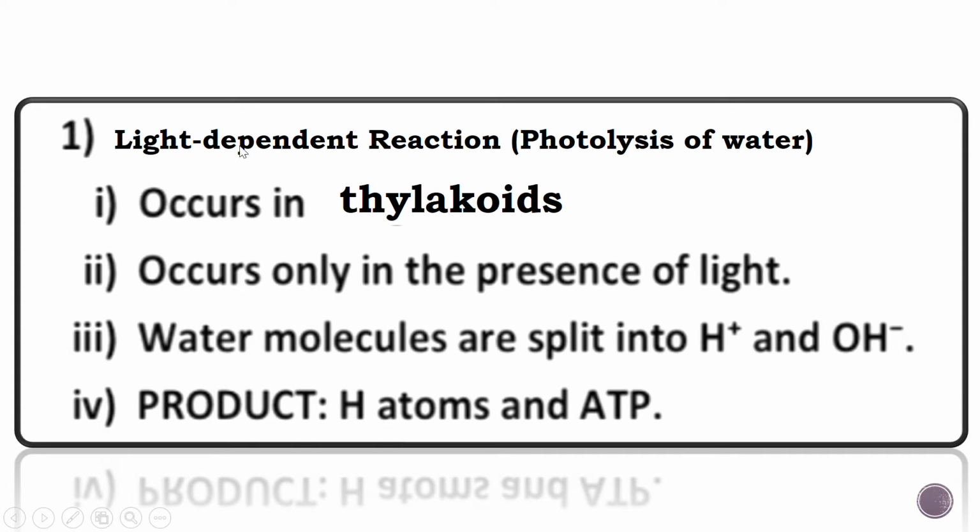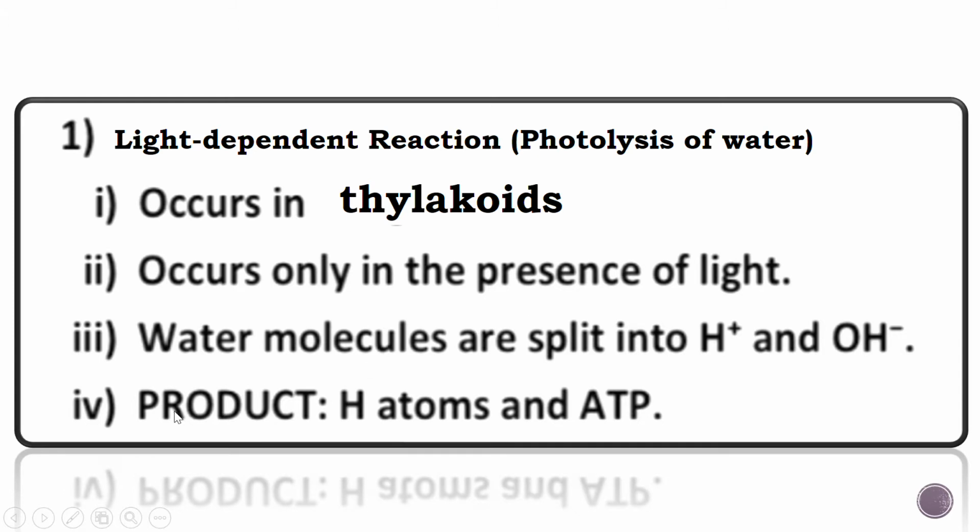Okay, by the name itself, light-dependent. In the presence of light, who absorbs the light? The chlorophyll, or the green pigment, or the photosynthetic pigment, which is in the thylakoid. So here, water molecules are split, or lysed, into hydrogen ions and also hydroxide ions.